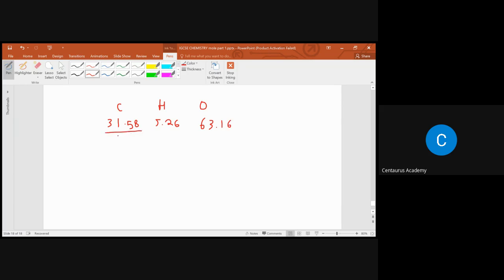Now, when you know the percentage composition by mass, you will divide them by their relative atomic masses. For carbon, it is 12. It is given to you in the periodic table. For hydrogen, it is 1, to find out their number of moles. And for oxygen, it is 16. You will get the number of moles. And then what is the answer here?